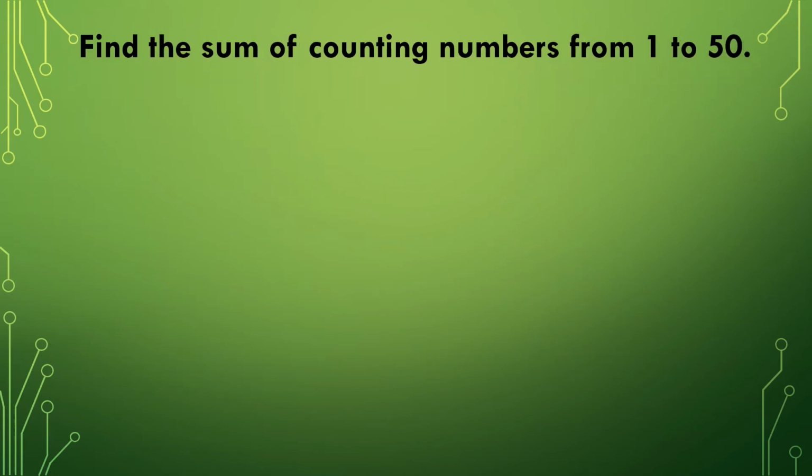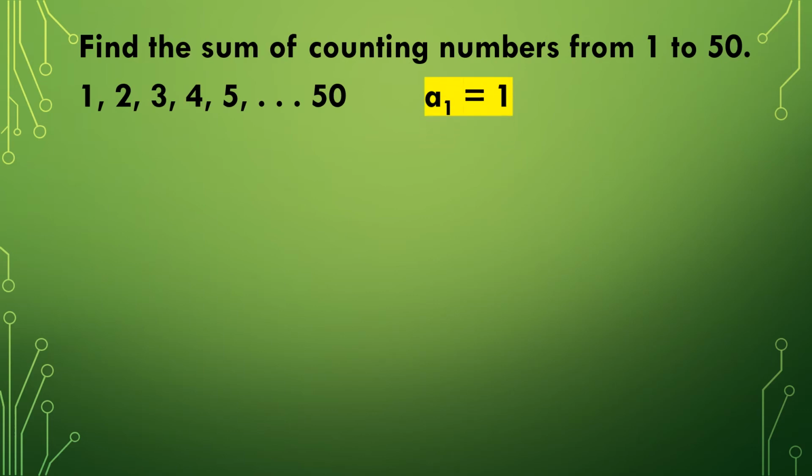Let's have this example. Find the sum of counting numbers from 1 to 50. If we are going to write that down, that is 1, 2, 3, 4, 5 to 50. The first term, therefore, is 1, n is 50, and the last term, that is a sub n, equals 50.